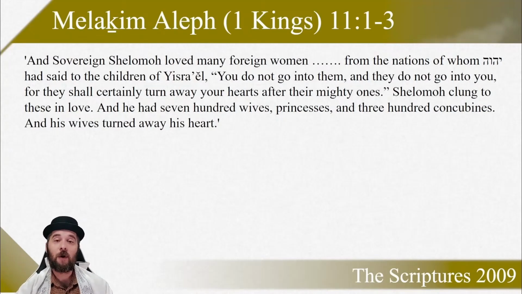That he went after foreign women who turned his heart away. In fact, Yahweh told the nation of Israel, do not go into these foreign women, and do not let them come into you. In the Brit Hadashah, it's the concept of being unequally yoked. But that's where Solomon went wrong, was marrying foreign women. It wasn't the number of women, it was the foreign women.